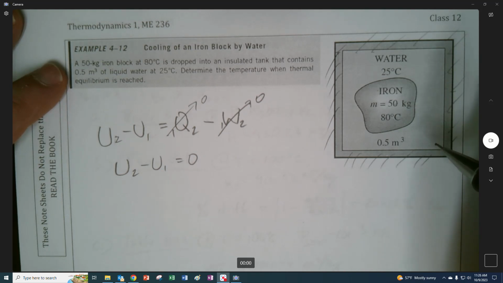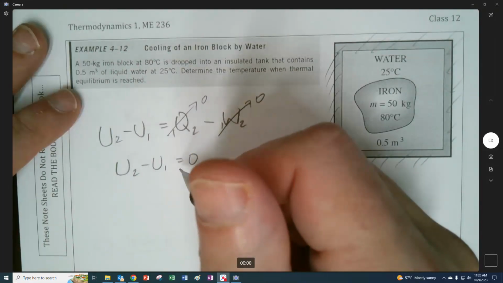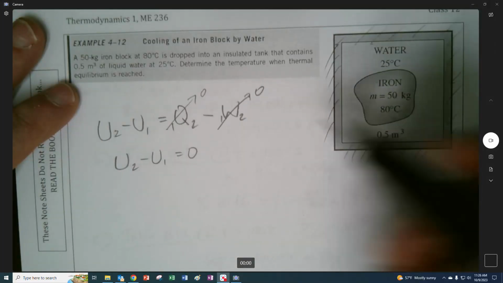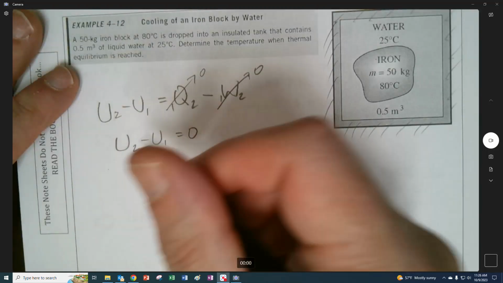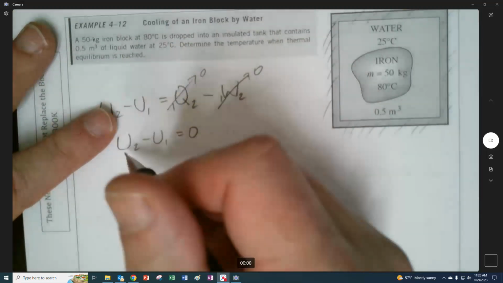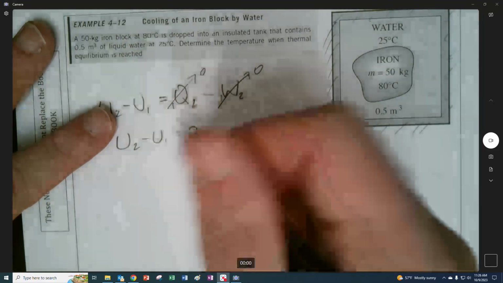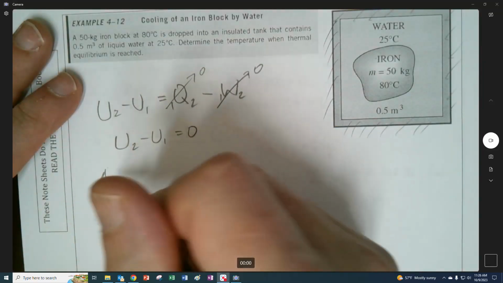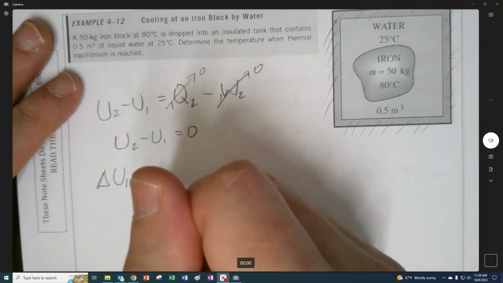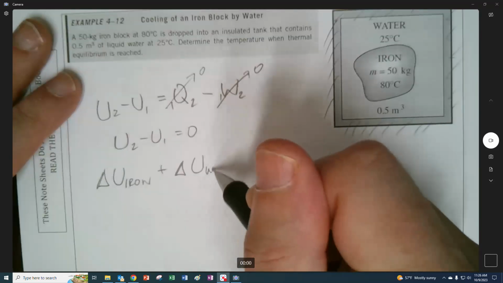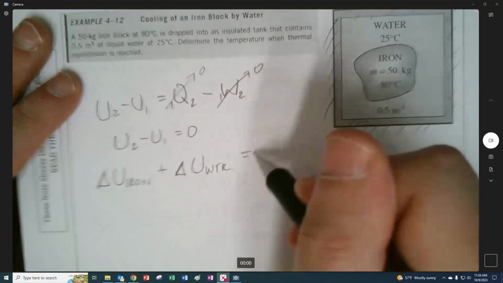So what you could really say is you could say what the change is, right? So the change is going to be 0. So the change in the iron plus the change in the water is going to be equal to 0.